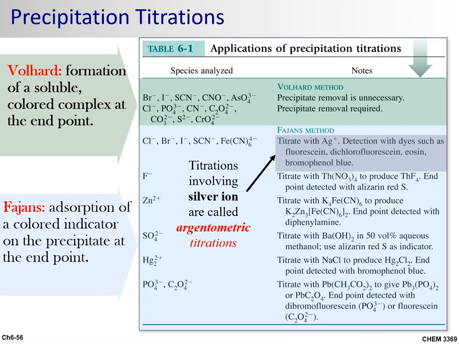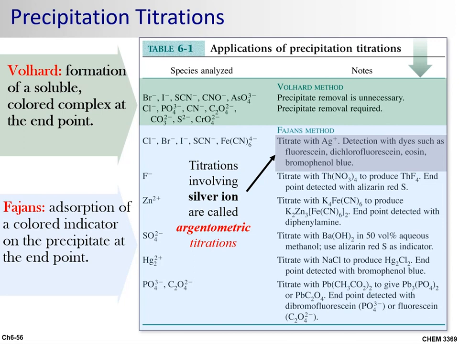The difference between them is the Volhard method is a back titration. The Volhard method is named after Jacob Volhard, and it involves the titration of excess silver nitrate. So for example, you can titrate the chloride with silver plus ions. But in Volhard titration, you would add an excess of the titrant, excess of silver plus ions.